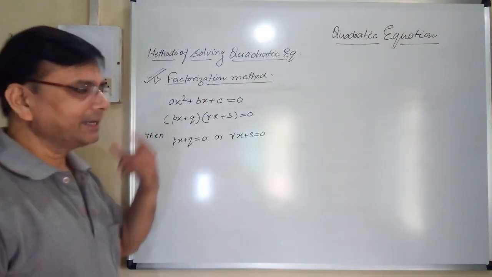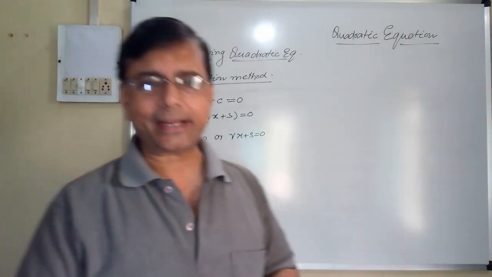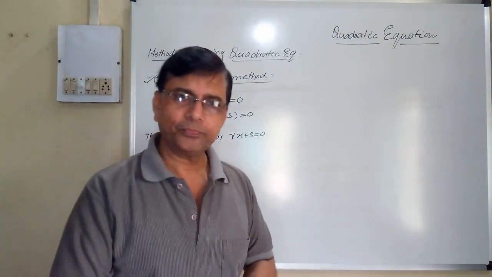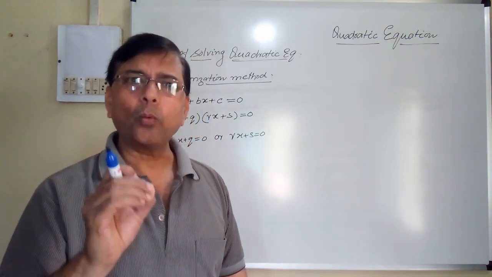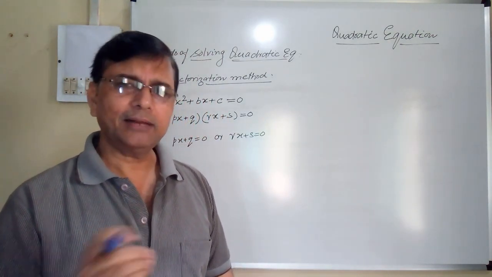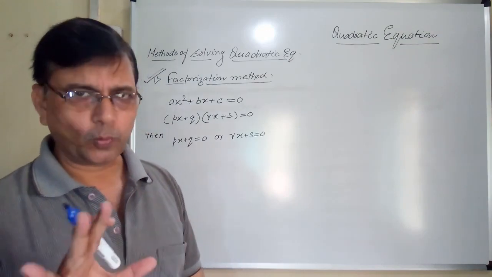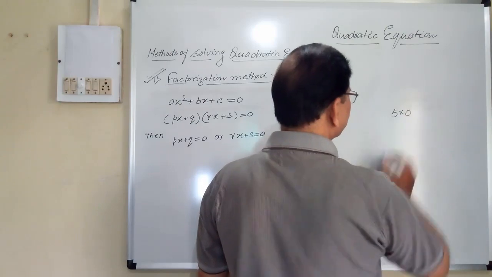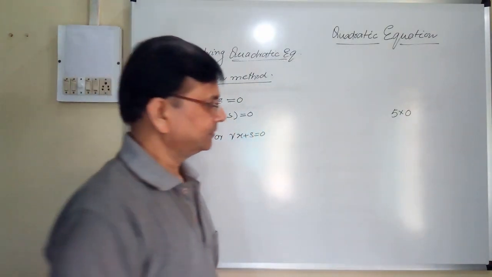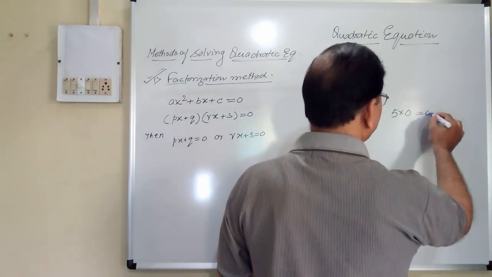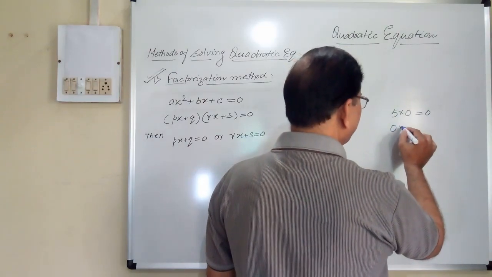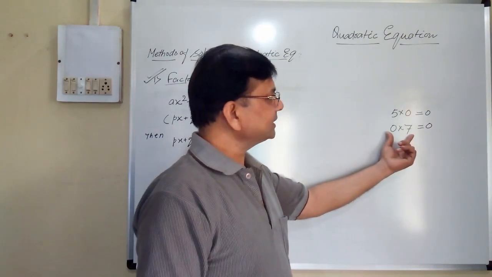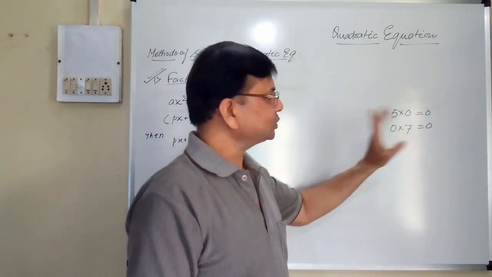Because two factors are there, and product of two factors, suppose product of two numbers is 0, so at least one number must be 0, then only product will be 0, otherwise no. See, if I say 5 into 0, then it will become 0. Suppose 0 into 7, again 0. If the product of two numbers is equal to 0, then one has to be 0.